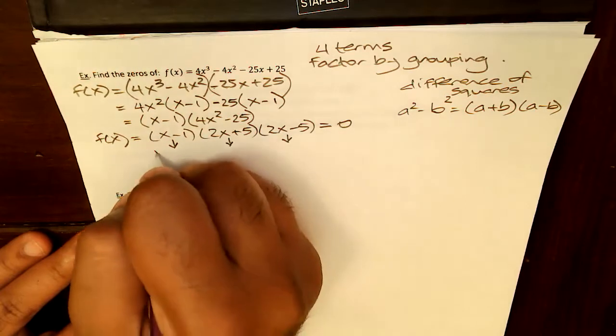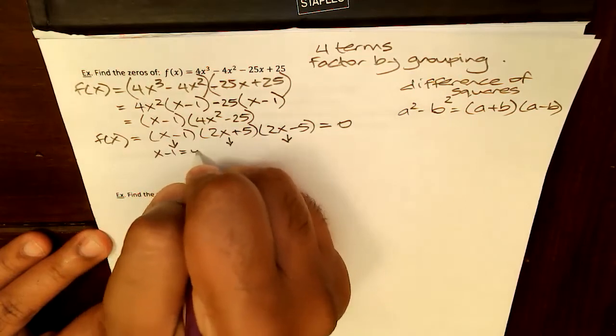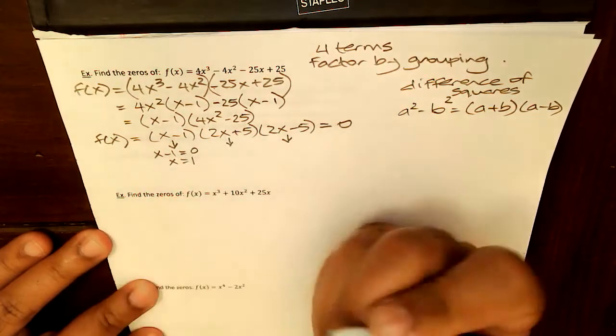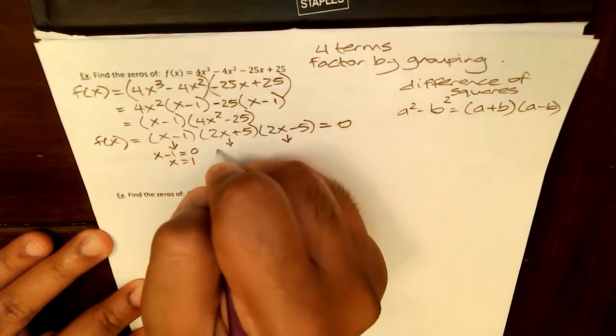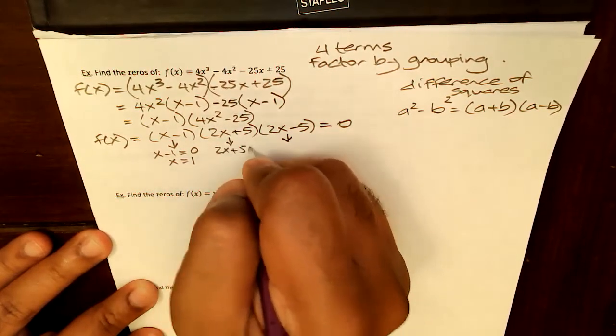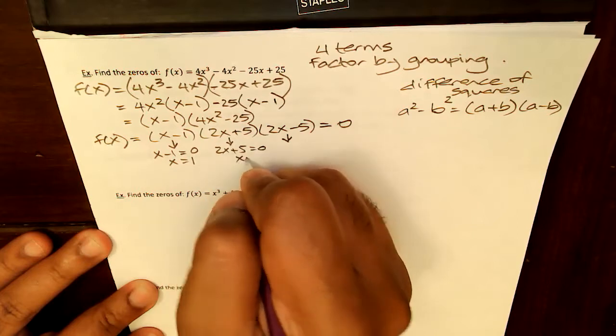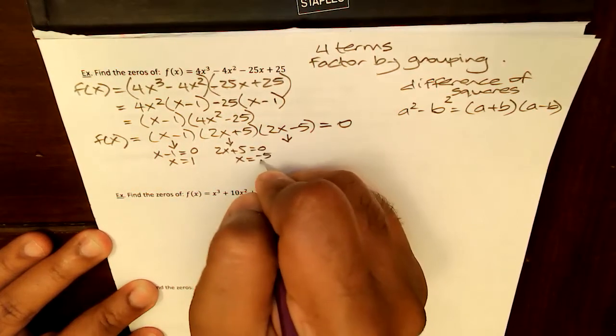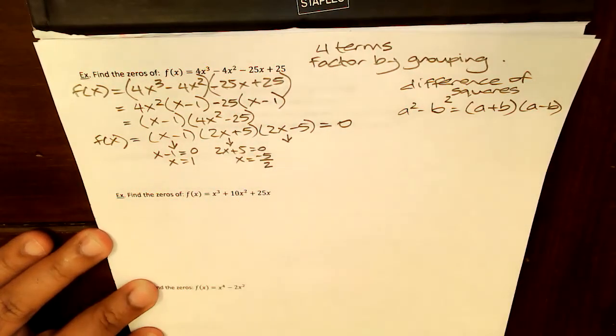If x minus 1 is equal to 0, that gives me x equals 1. If 2x plus 5 is equal to 0, I get x by itself by subtracting 5 and then dividing by 2, which gives me x equals negative 5/2.